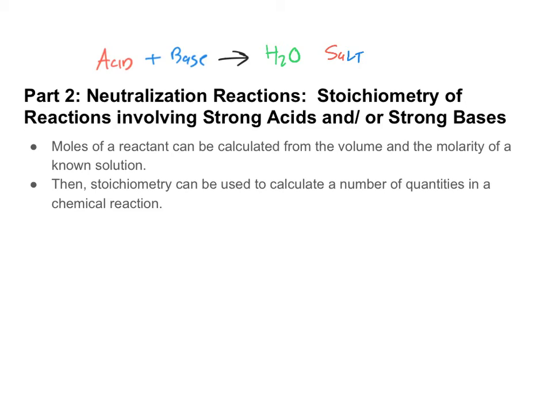Now, the other thing that's important to understand is that there are definitely types of calculations that we can do with neutralization reactants. One of the things is that if we can determine the moles of one reactant, we can figure out the moles of another reactant using stoichiometry. We can also use the molarity formula in order to figure out moles of something, or molarity of something, or volume of something in the reaction.